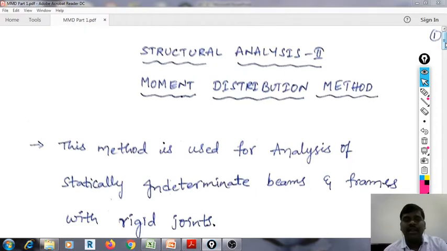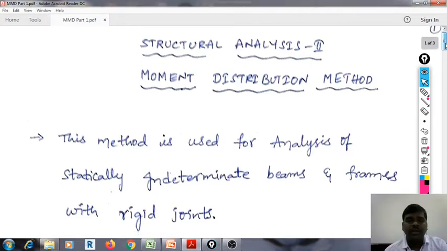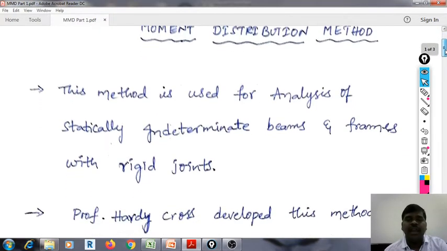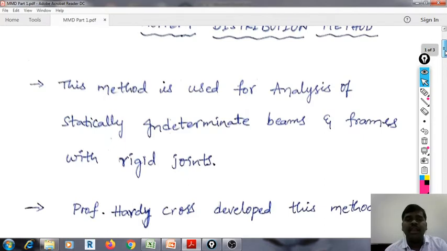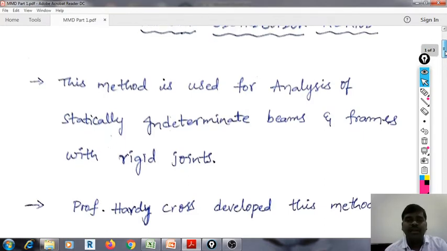The other way of finding the analysis is also done by the moment distribution method. This method is used for analysis of statically indeterminate beams and frames with rigid joints. Beams may be with whatever ends, but the frames must be with rigid joints.